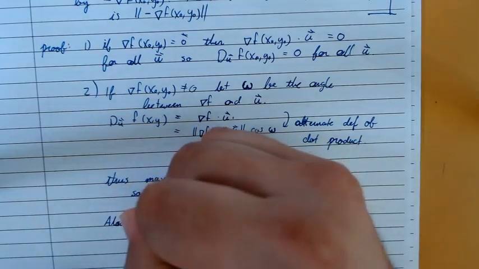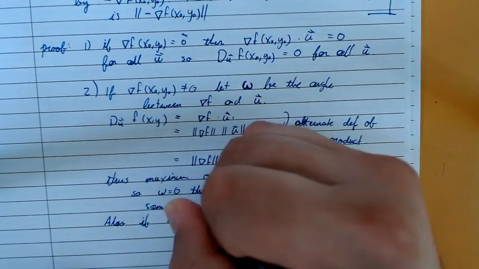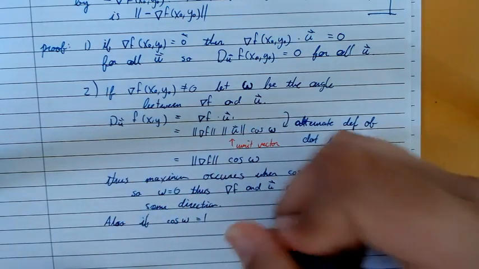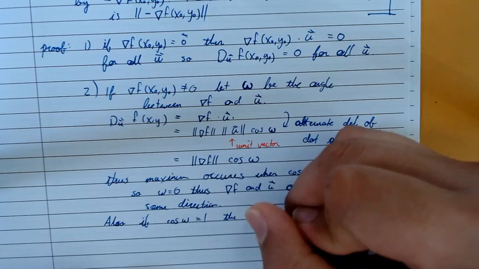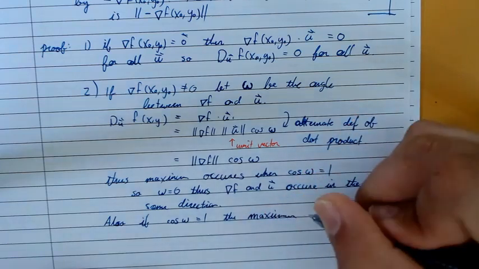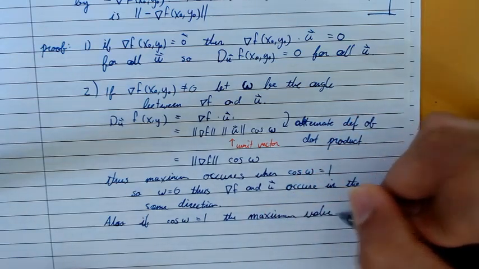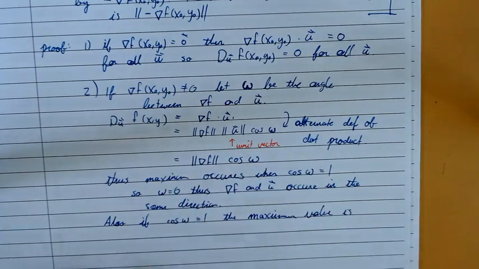also, if cosine of omega is equal to 1, the maximum value is the gradient of f times 1.